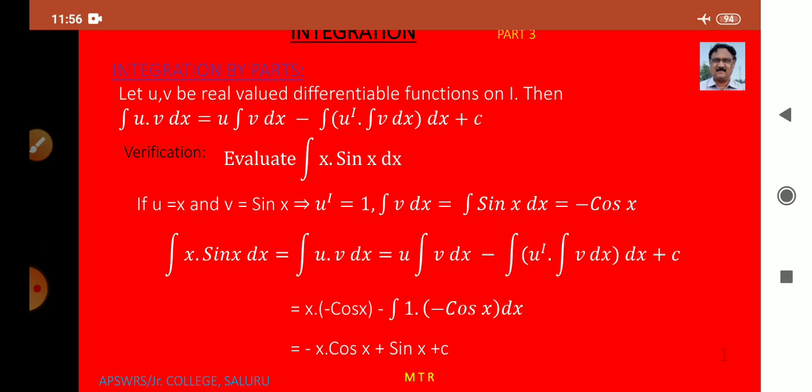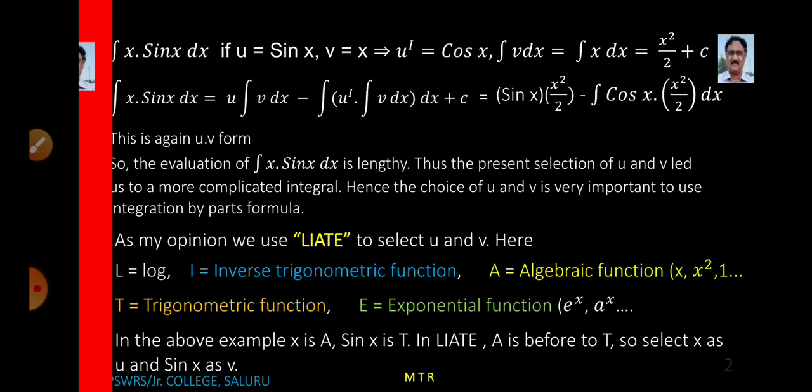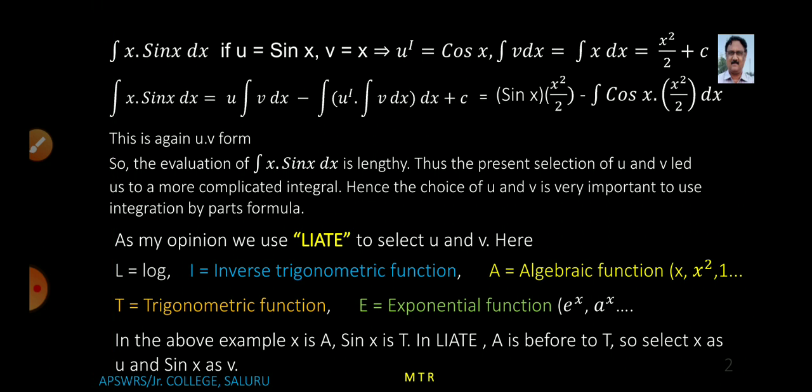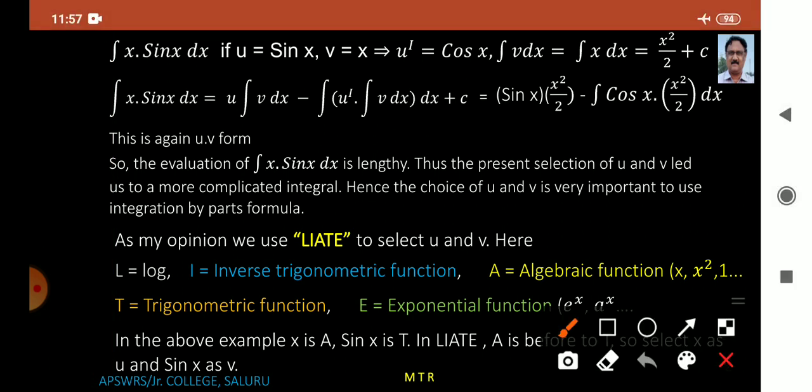Suppose by mistake, or because we don't know what is u and what is v, we select u and v reversed, as u is equal to sin x and v is equal to x. Now what happened? You observe this. Integral x sin x dx. Suppose u is sin x and v is x.